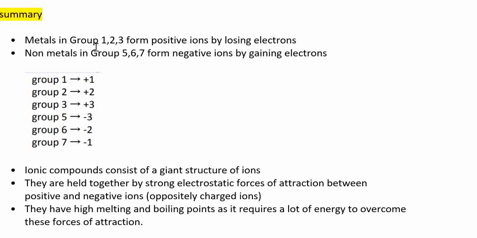Alright, summary. Metals in groups 1, 2, 3 form positive ions by losing electrons, and non-metals in groups 5, 6, 7 form negative ions by gaining electrons. So for all metals in group 1, the charge is +1. All metals in group 2, the charge is +2. All metals in group 3, the charge is +3.